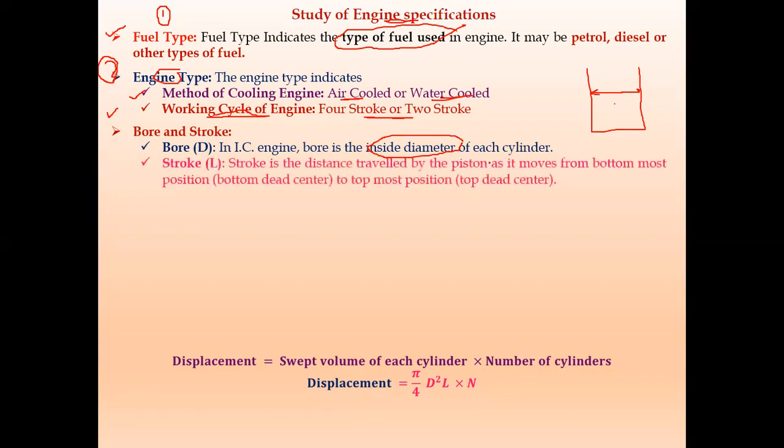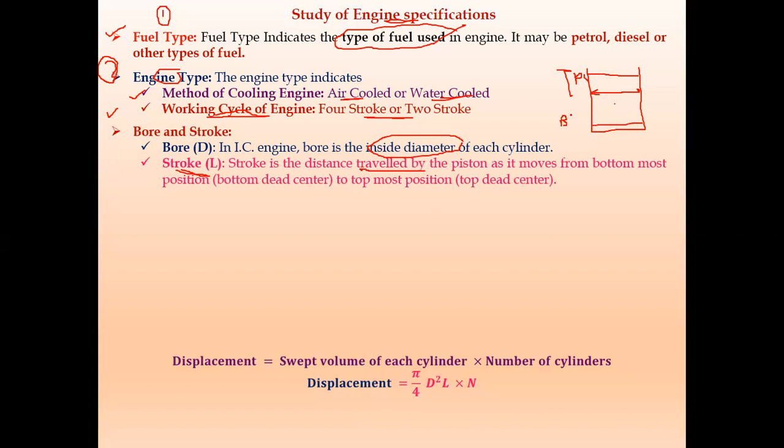Next one is stroke length. This is another important parameter. Stroke length is the distance traveled by the piston. Inside the cylinder, the piston travels from top dead center, that is TDC, to bottom dead center, that is BDC.